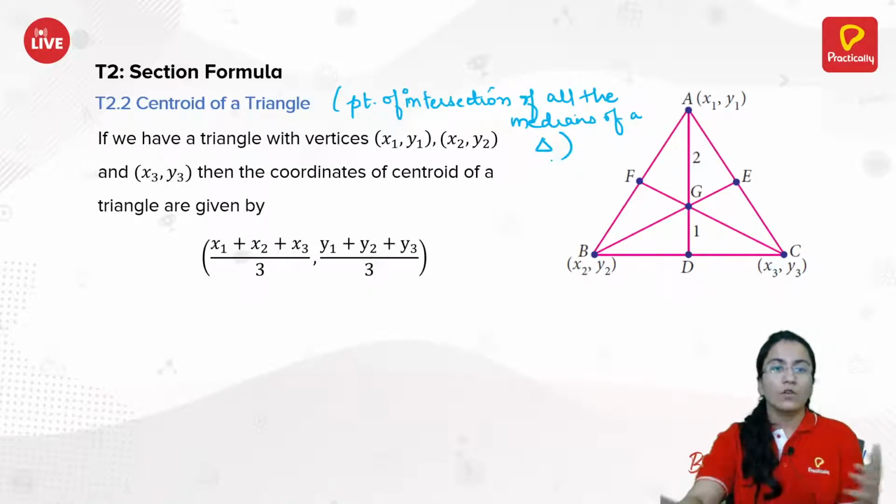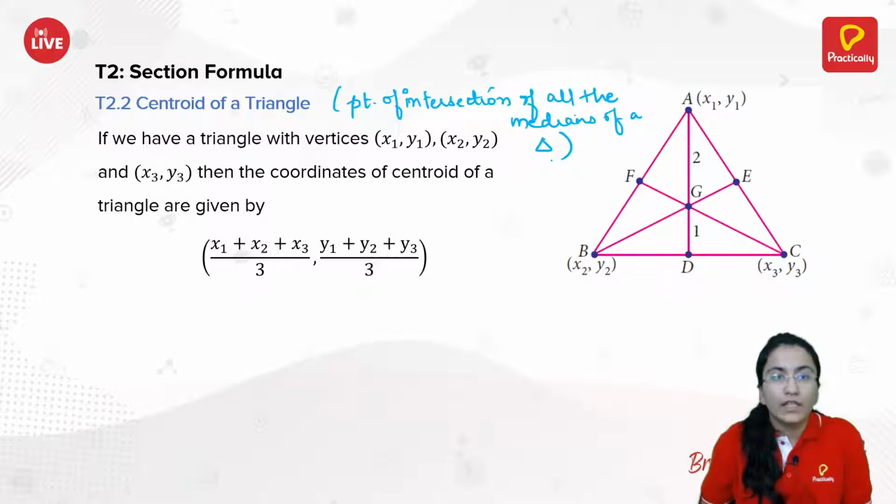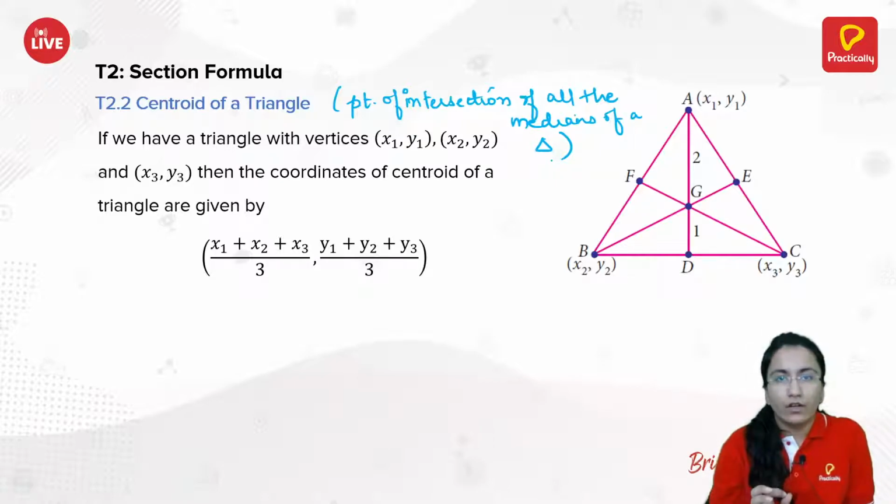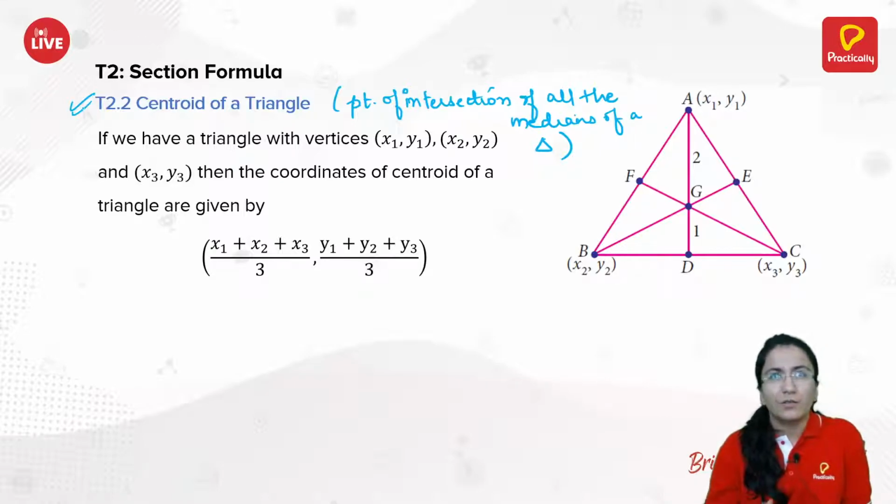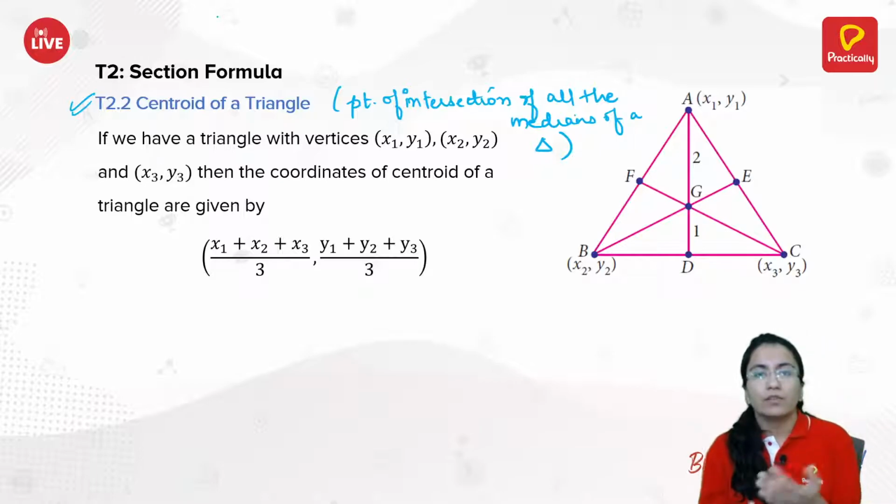And if in a question you are supposed to calculate the coordinates of the centroid of a triangle, like this question you might get in your examination. Mostly the questions are based on the centroid, if it is from the section formula, like in 2 to 3 years you get it once, right?